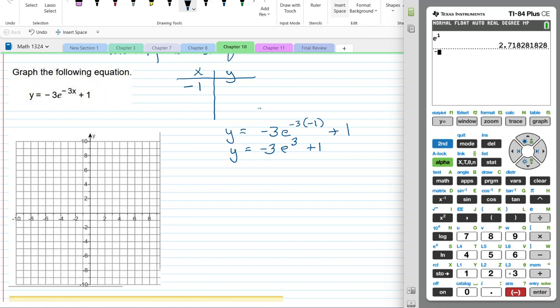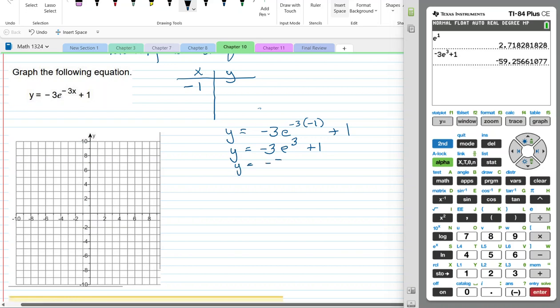-3 second ln 3, and I got to put the side arrow plus 1. Can't leave it all in the exponent, and I get this ugly number. And I'm going to round it to 1 decimal because it's bigger than my graph.